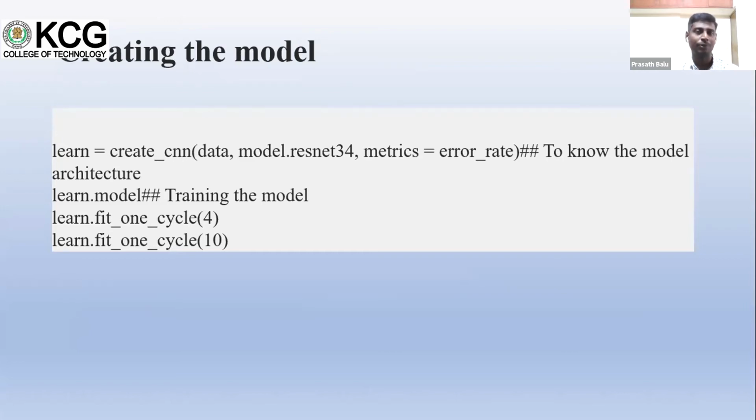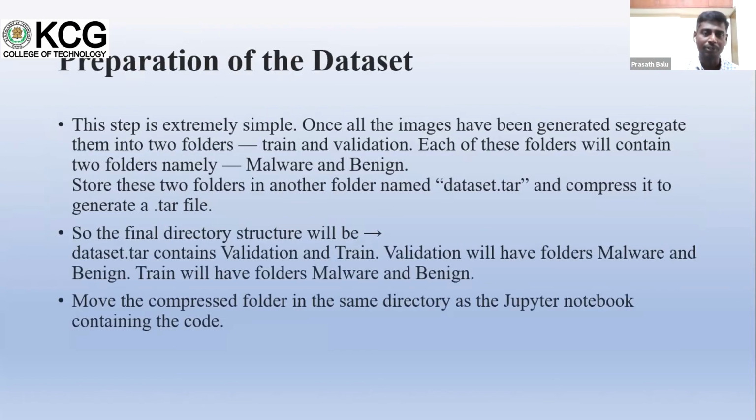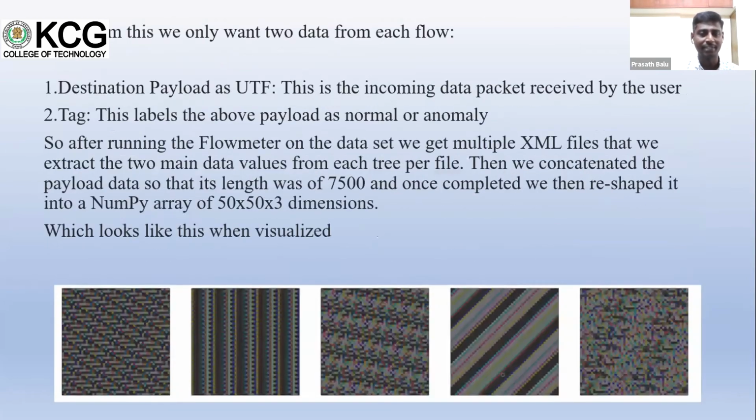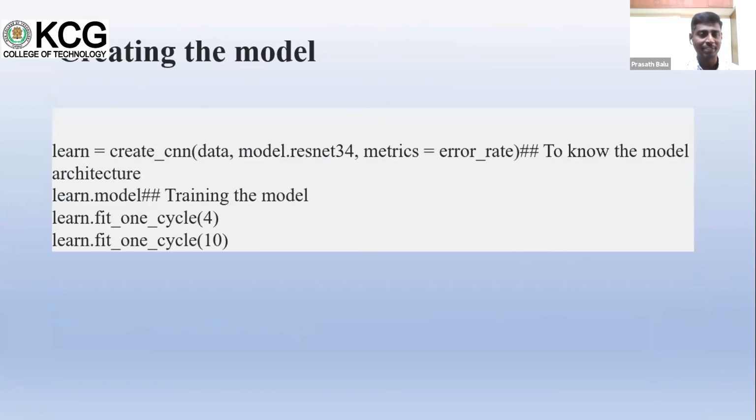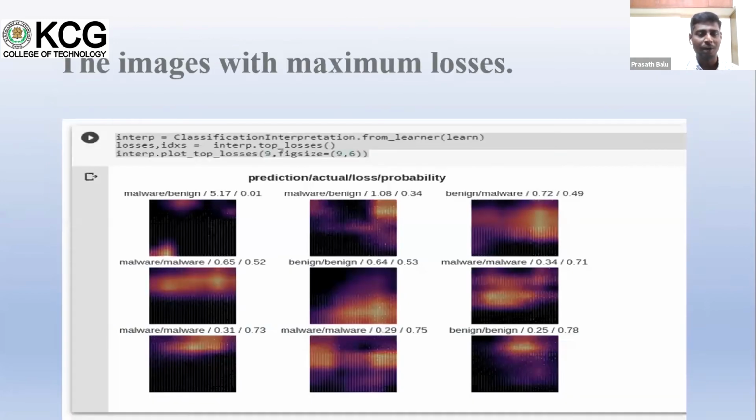One example we saw is VGG 19, right? So quickly go to the slide. Here VGG 19. Likewise, one more kind of CNN is used here to build the model and to identify the malware.